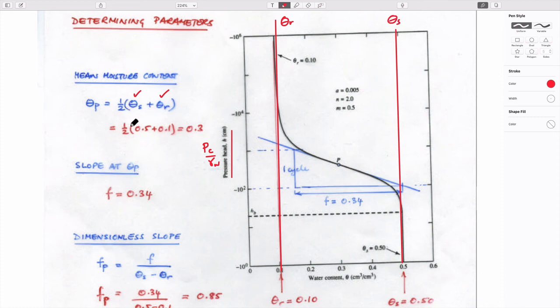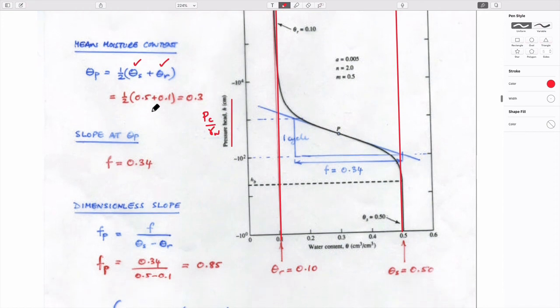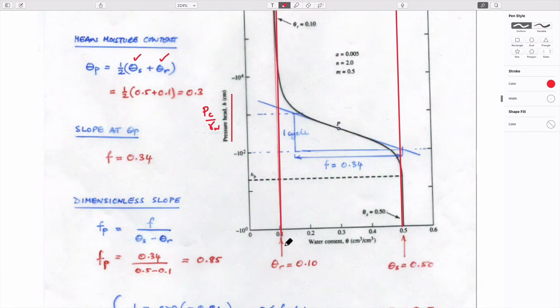The average of them, the midpoint between them: add them and divide by 2. So in this case, 0.5 plus 0.1 is 0.6, divided by 2 is 0.3. You define the slope of this curve at this intermediate point. So this ordinate here is 0.3. So this point here is 0.3.